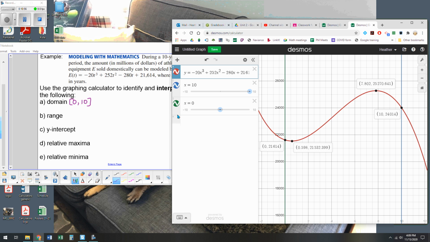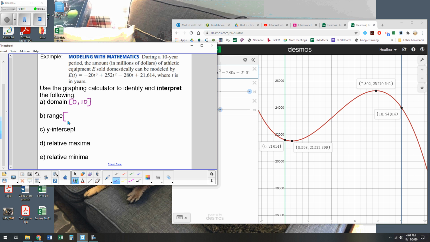So the range, the lowest value I see for the y values is this one here, the 21532.399, and the highest value I see is here. So my range is really between those two numbers. So that was 21532.399 to 25270.641.